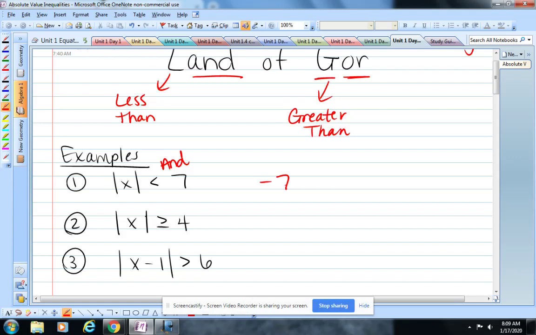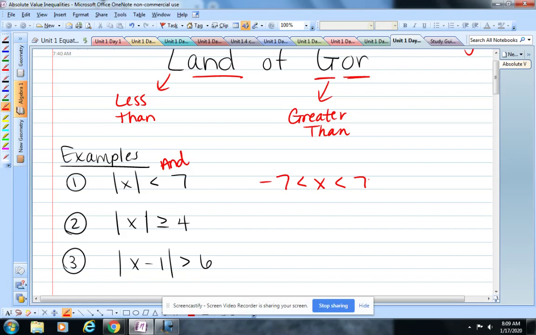You're going to copy your less than sign. What's in the middle of your and is what's inside the bars. In this case, it's just plain old X. All right? And then the rest of it, you copy those two things, less than 7. And that's your solution. Because X is by itself in the middle.